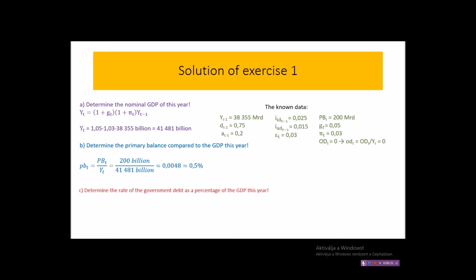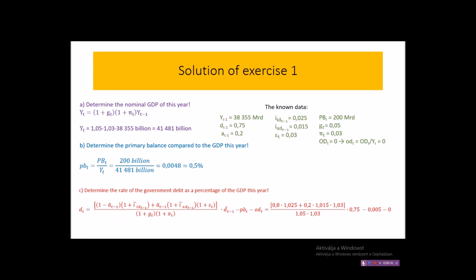And finally, our main question, the dynamics of the government debt. Where will the ratio of the government debt compared to the GDP move? For this, let's determine the gross government debt as a percentage of the GDP. As you may remember, for this we have been using the following formula in the previous videos.